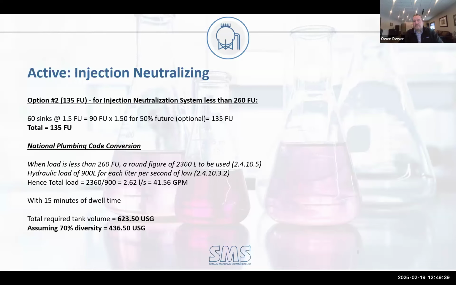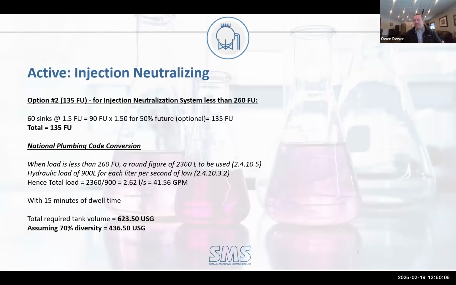In this scenario, if I've got 135 fixture units as my calculated volume, my flow rate is 41.5 gallons per minute, dwell time of 15. Now my tank size is 623 US gallons. And if I take a 70% diversity as an example, my tank size is 436 gallons. So I hope that makes sense.